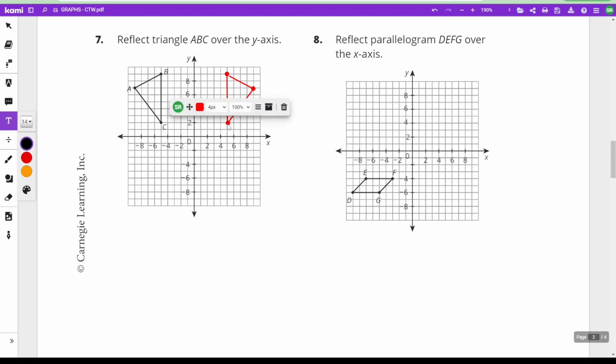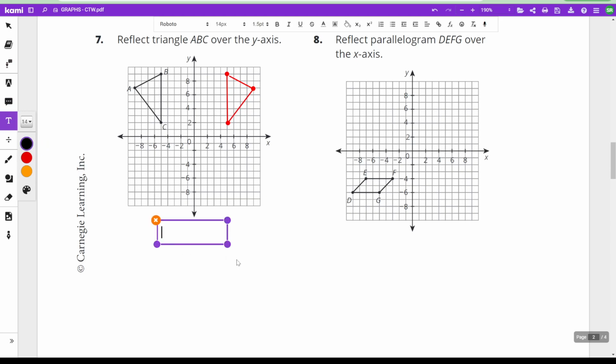It went from being a negative to a positive. And so to describe this transformation, we're going to write that our coordinates x, y were transformed such that our x-coordinates changed signs, but our y-coordinates stayed the same. And you can verify that for yourself.